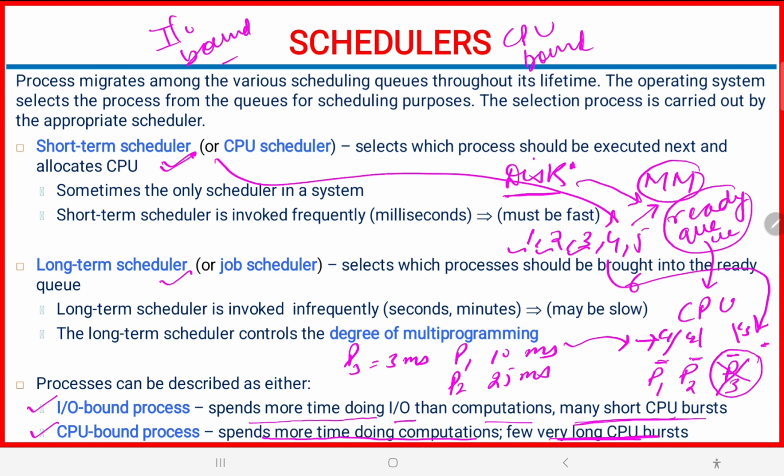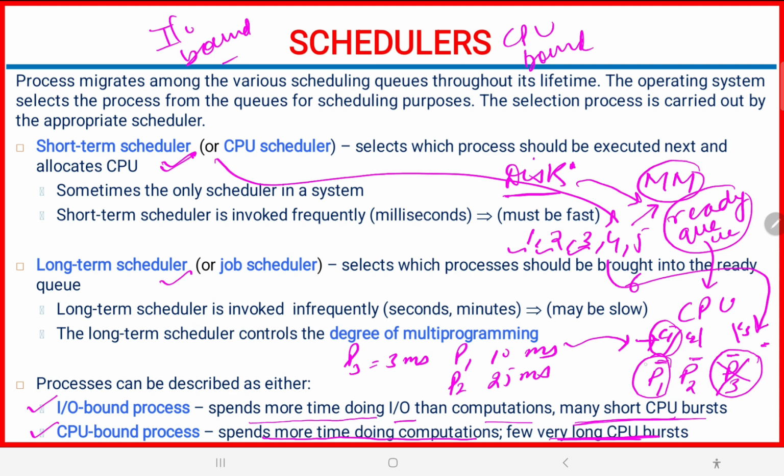A process executes for some milliseconds, and again a short-term scheduler fetches a process from the main memory and passes it to the CPU for execution. Thus, a short-term scheduler executes quite frequently. Suppose a process P1 was executing in one of the cores, and let's assume that it was an IO bound process.